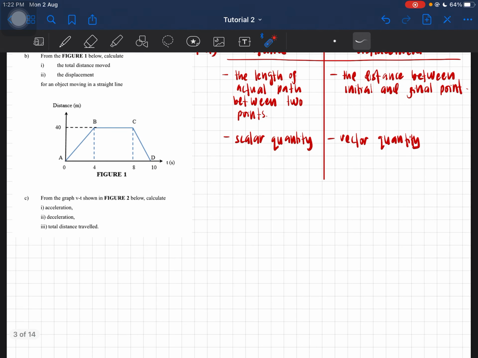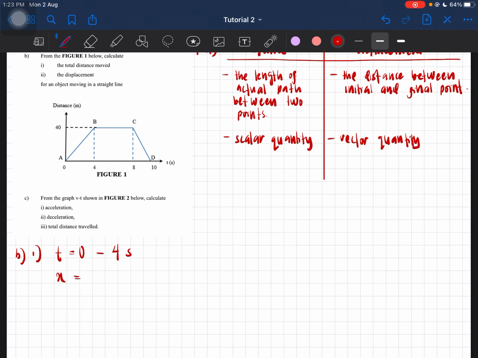Okay, from figure 1 below, calculate the total distance moved as well as the displacement for an object moving in a straight line. Okay, so the total distance from t equal to 0 up to 4 seconds, I'll label distance as x.